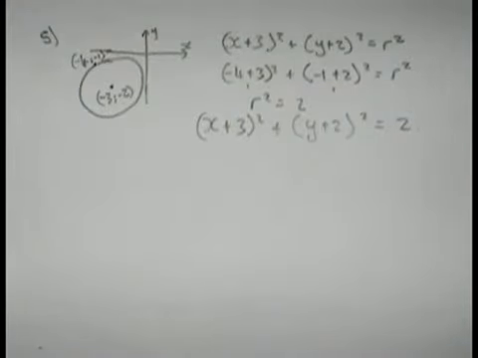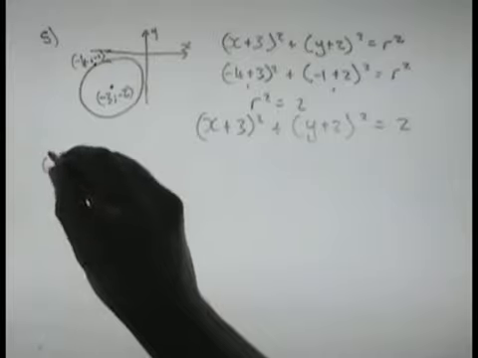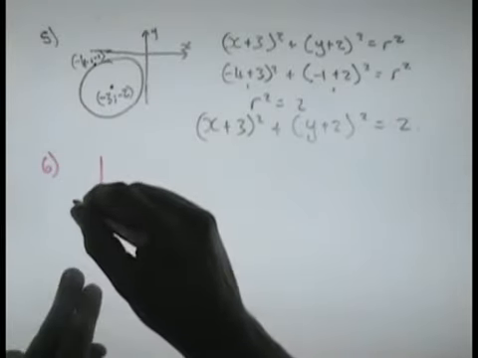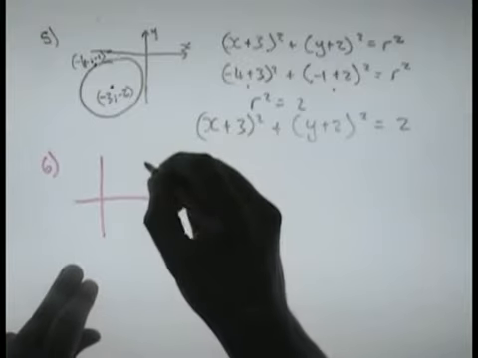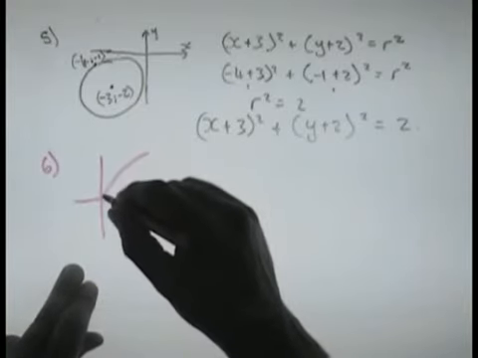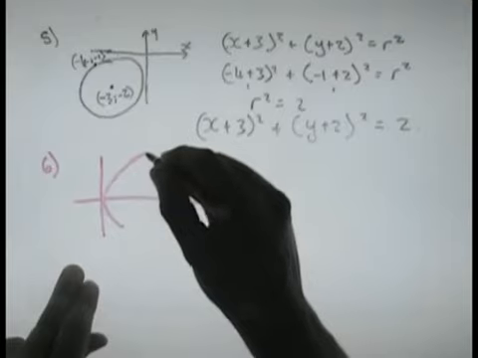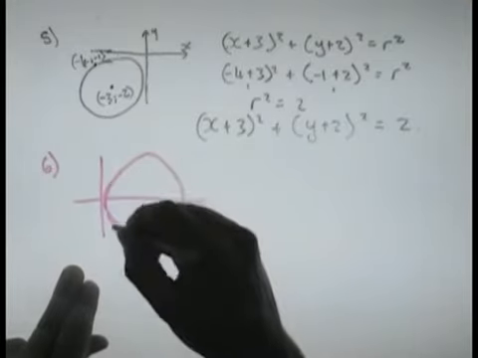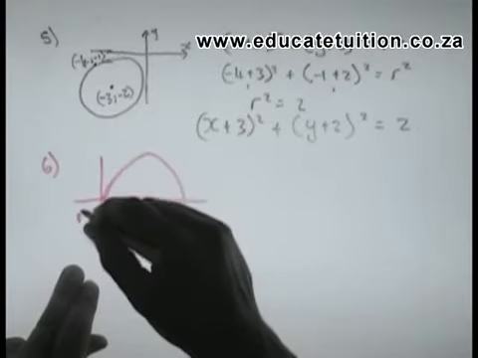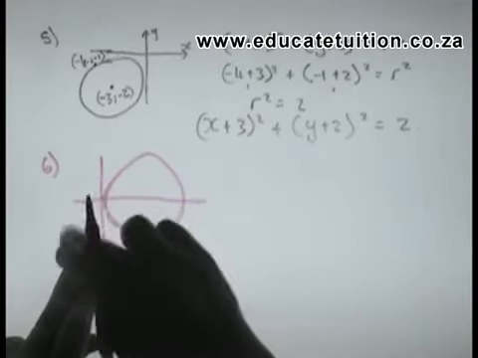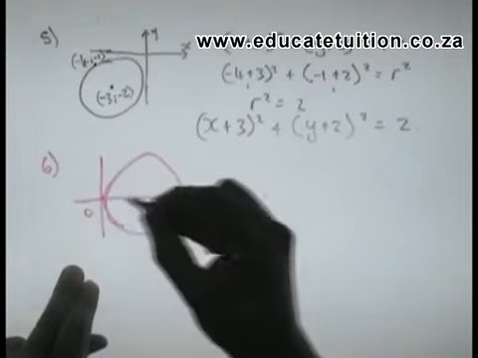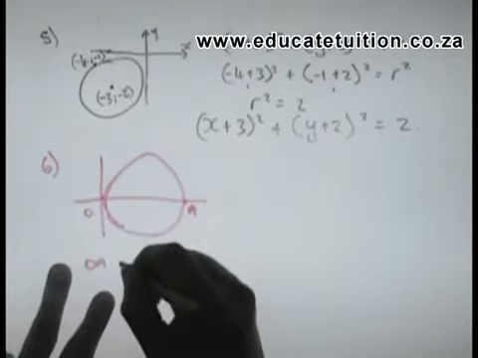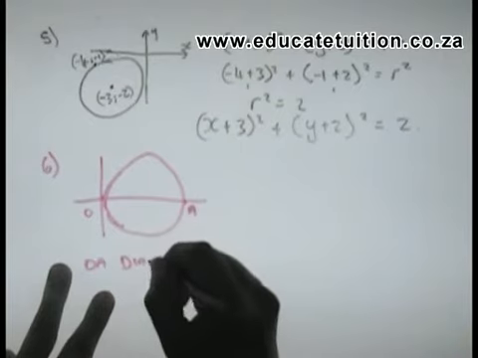Number 6 looks a bit odd. It's not that bad. It's got a circle going through the origin, or rather through point OA, and it says that OA is a diameter.